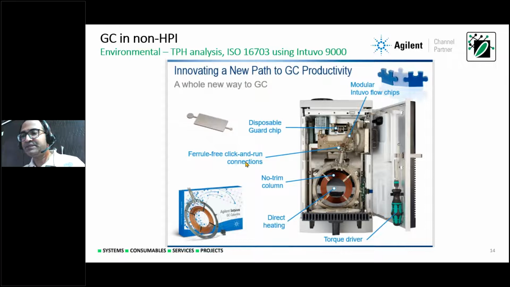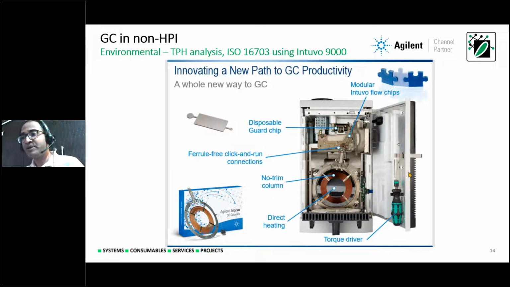We can trap the junk that might be present in our sample in this disposable guard chip. Changing it is easy, and you can do that even using finger-tight nuts.